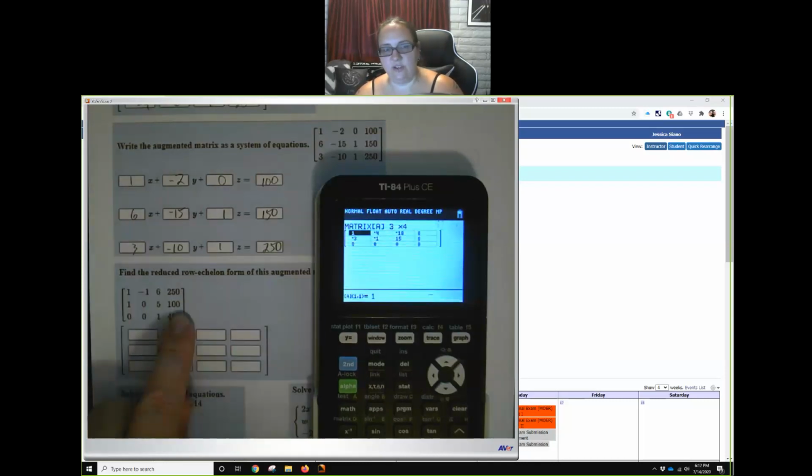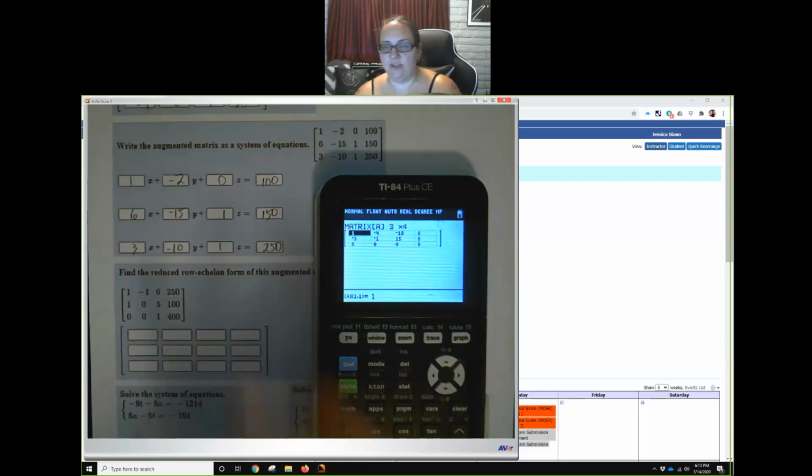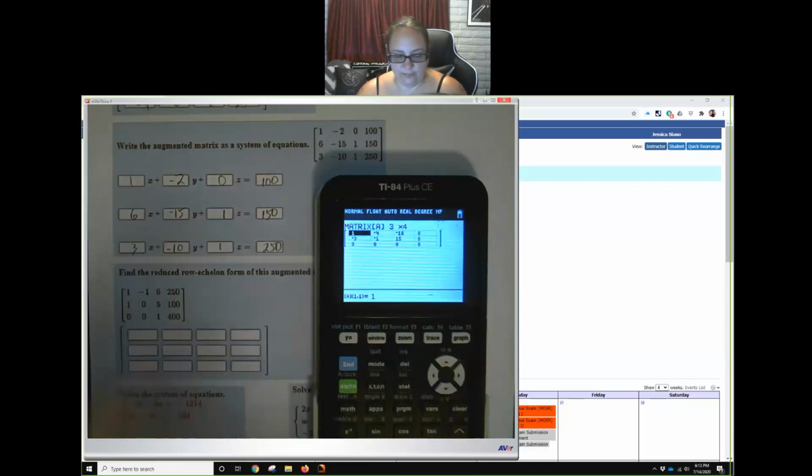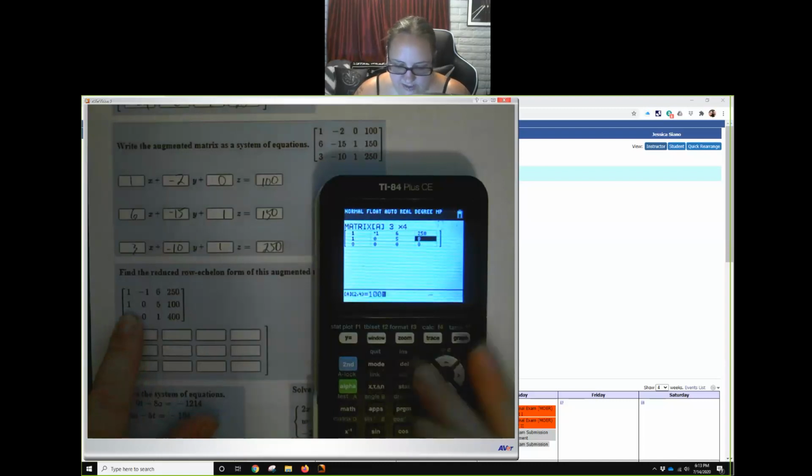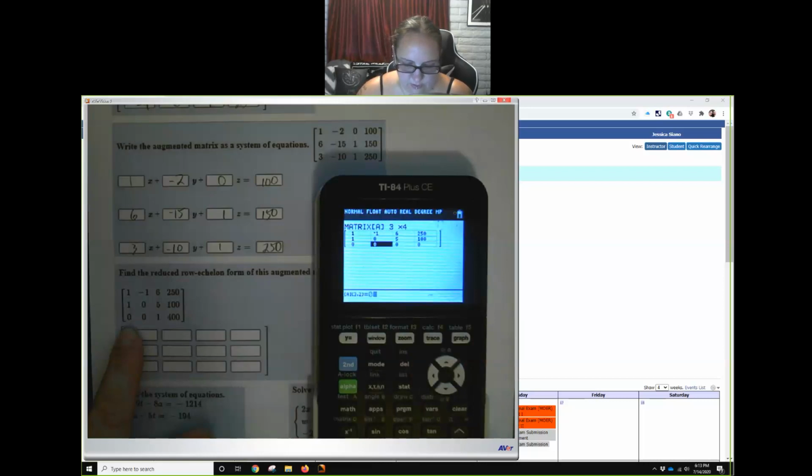And notice that when you do that, the matrix on your calculator automatically resizes itself. And then you're just going to do 1 enter, -1 enter, 6 enter, 250, 1, 0, 5, 100. Oops, I almost put 1000. 0, 0, 1, 400.